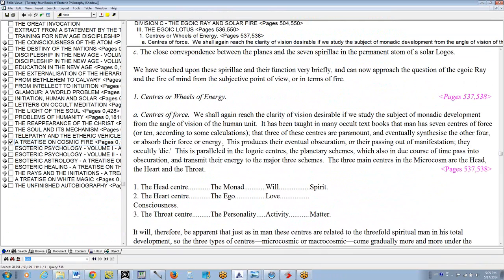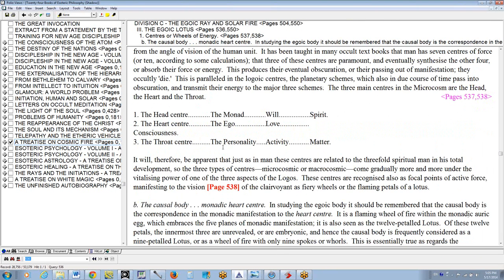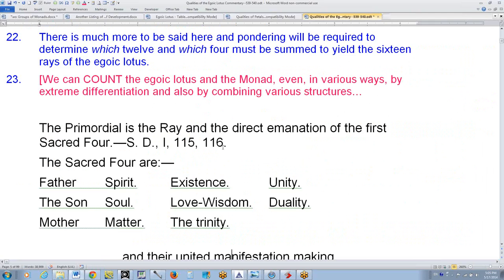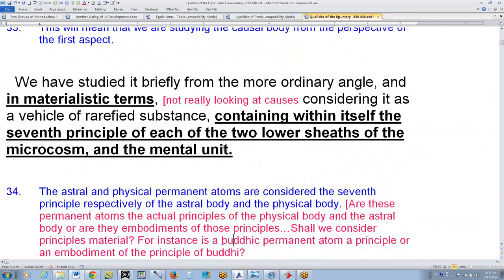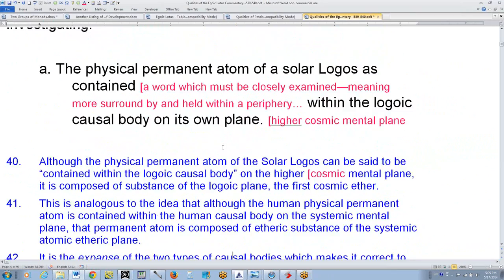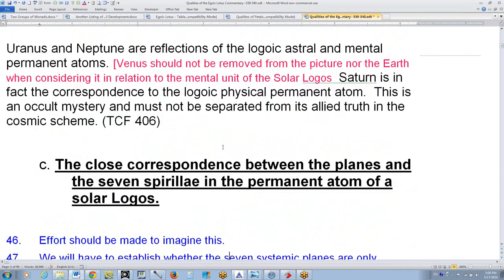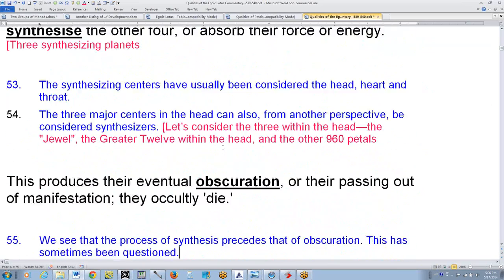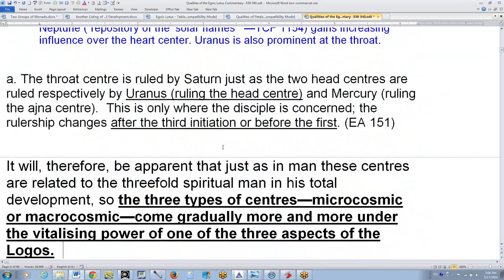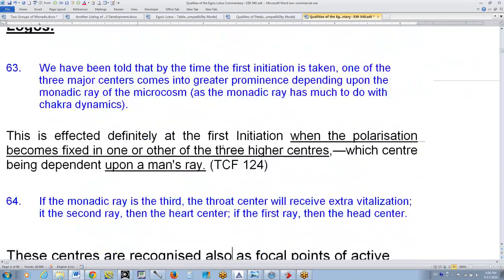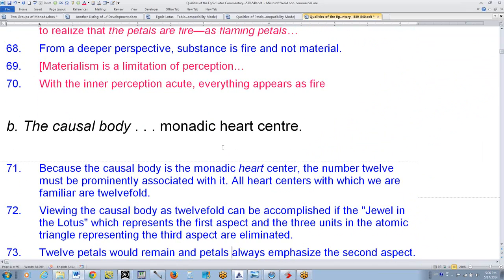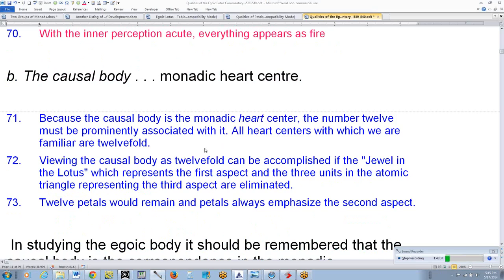And point A was centers of force. Without the commentary, it's much easier to see. And point B, the causal body, the monadic heart center. And so we're ready to begin our discussion of that right now. So here we are, the causal body, the monadic heart center.